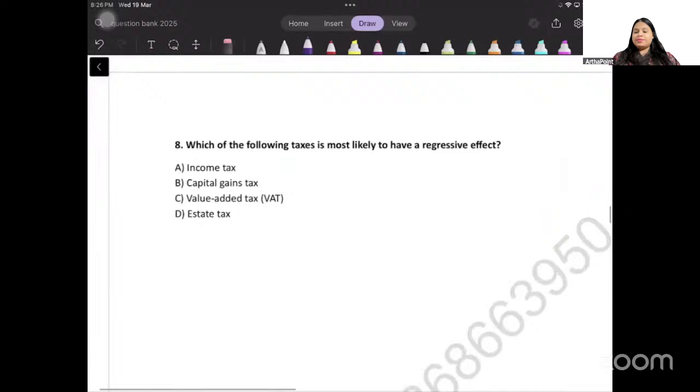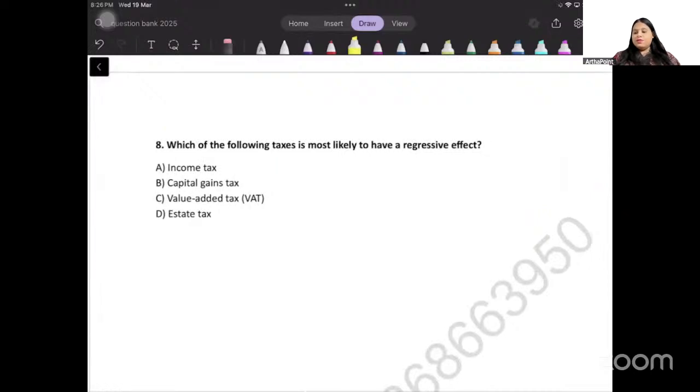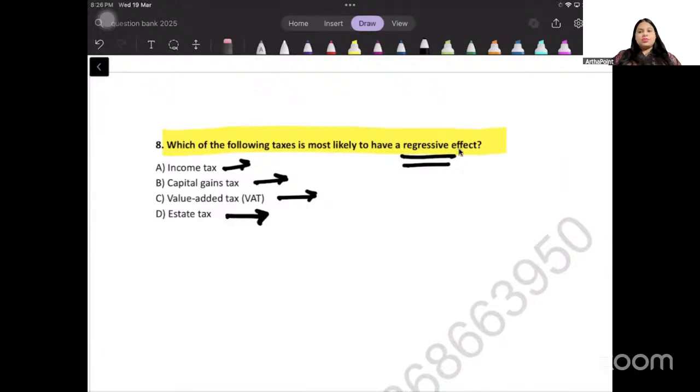क्वेश्चन नंबर 8. Which of the following taxes is most likely to have regressive effect? Income tax, capital gain tax, value added tax, estate tax. Try to answer question number 8.